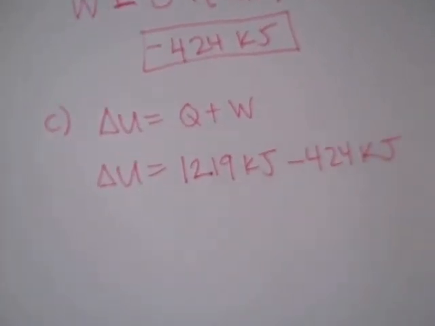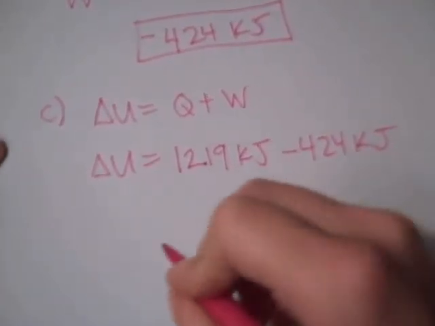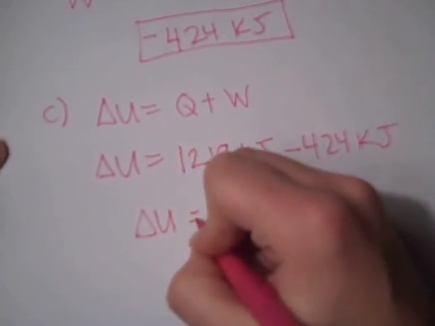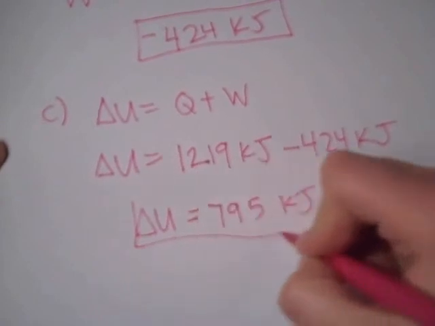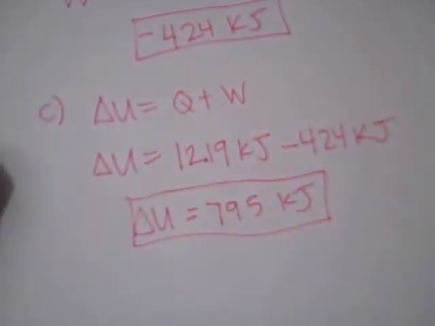So combining your two answers from above, we get a total change in energy of 795 kilojoules. And that should be it for problems from chapter 18.